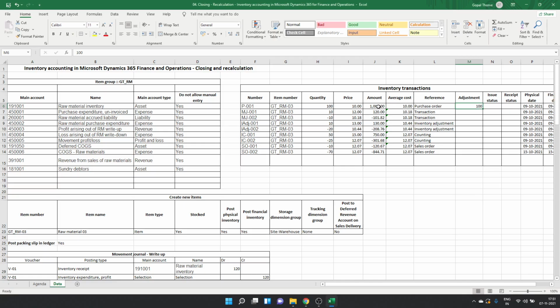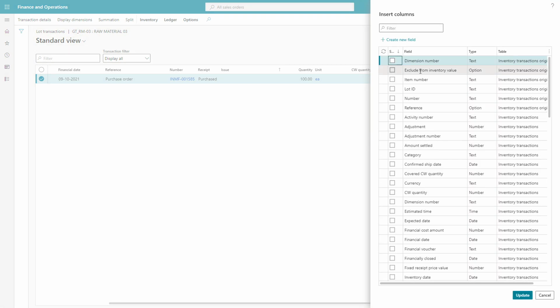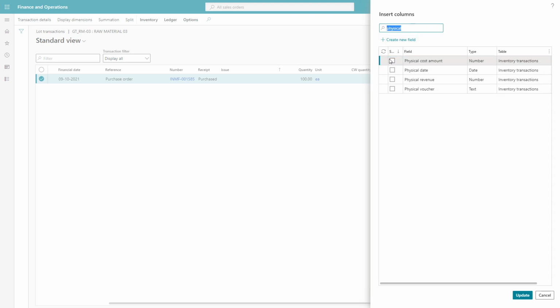Originally this was 1000, but since we have added 100 bucks of charges on this particular purchase transaction, it has become 1100 rupees now. So let's add physical cost and financial cost amount. Physical cost amount, physical date, financial cost amount, and financial date.